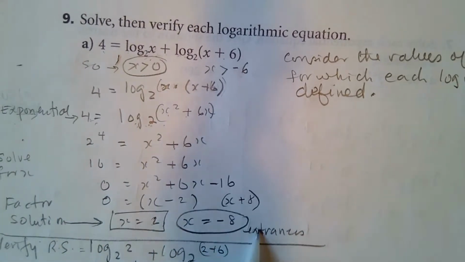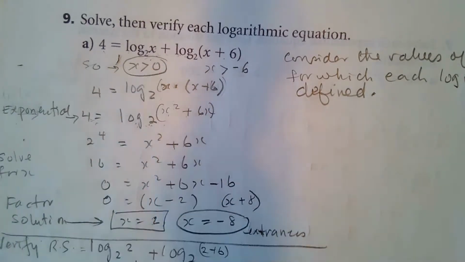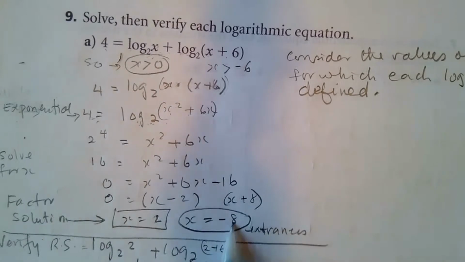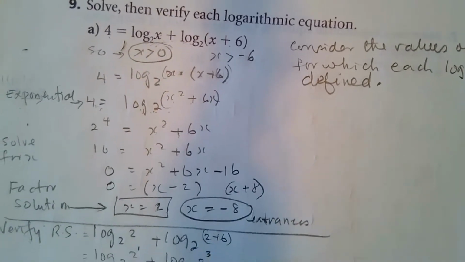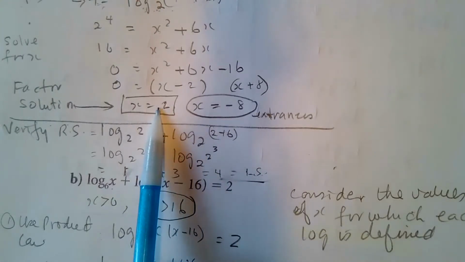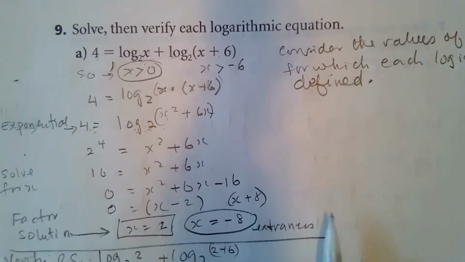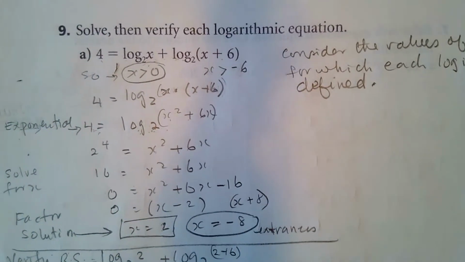We find our extraneous root if it's negative, or if it's less than what's defined, then that's your extraneous root. And we verify by substituting our solution into one of the sides, in this case the log side, and find out if it's equal to the other side.